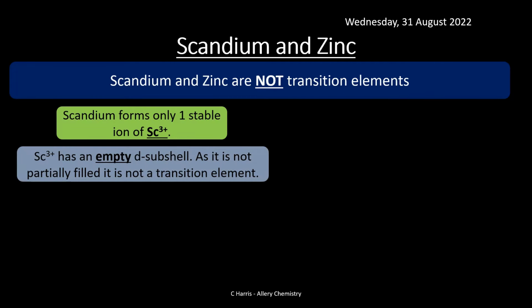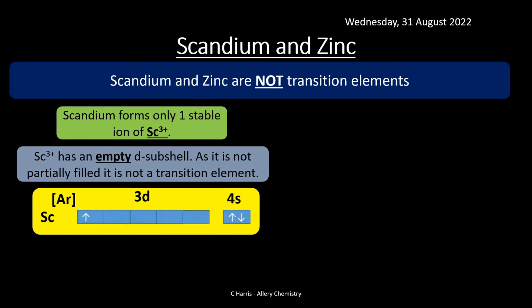Now that scandium 3+ has an empty d subshell, and because it's empty, not partially filled, it's not a transition element. So there's scandium as an element. Remember, you're looking at that thinking, but it's got a partially filled d subshell. What makes something a transition element is the stable ion that it forms. It must form at least one stable ion that has a partially filled d subshell.